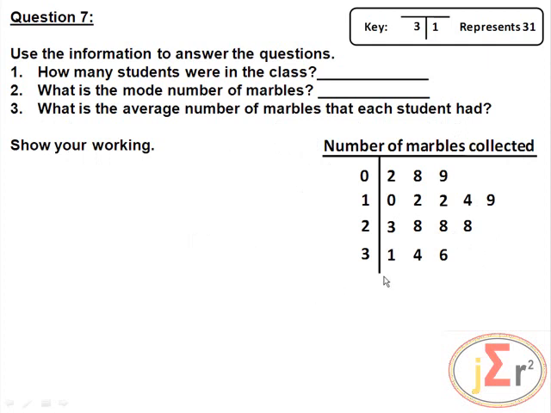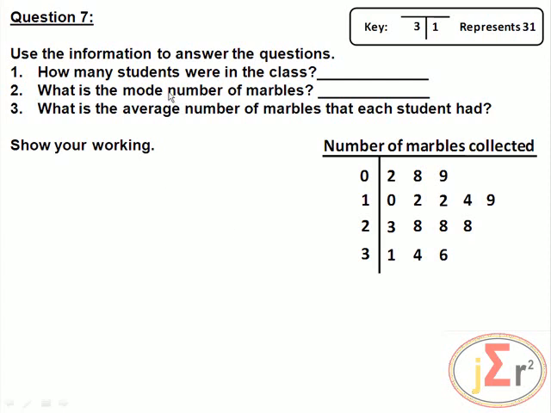Here we have our first statistics problem, question number 7. It requires quite a bit of detail, but if we understand what we are doing in a systematic way, we will realize that the information that we have is easily handled.